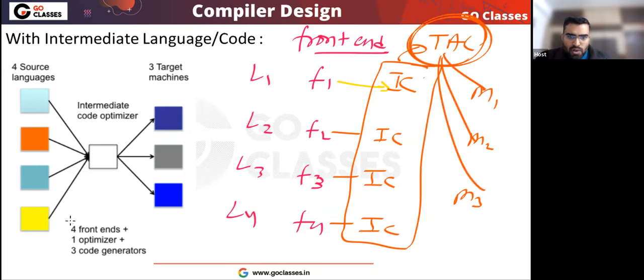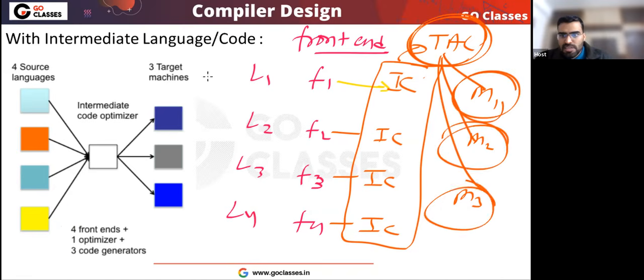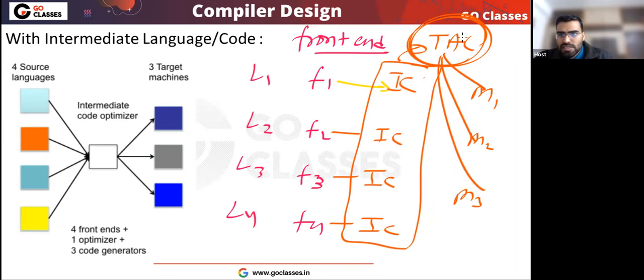So finally we need 4 front ends, and only 3 code generators, because the machines only have to deal with this intermediate language. That is the reason we need 4 front ends, 3 code generators, and only one optimizer.